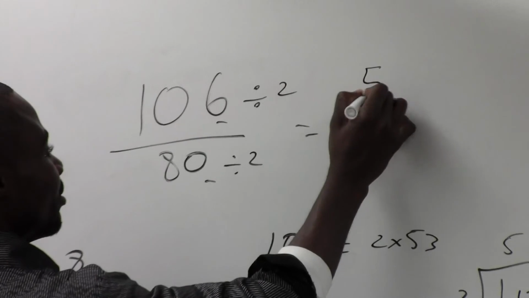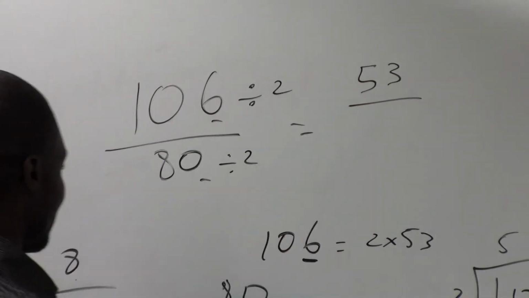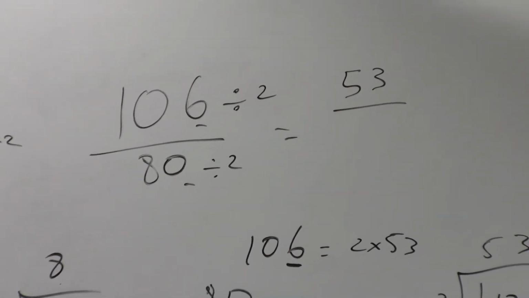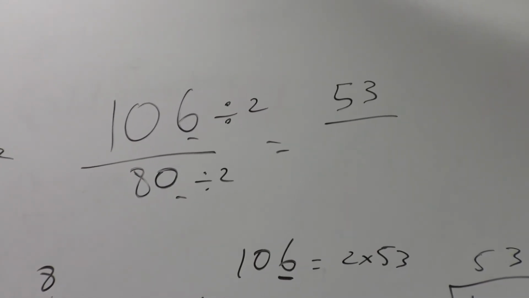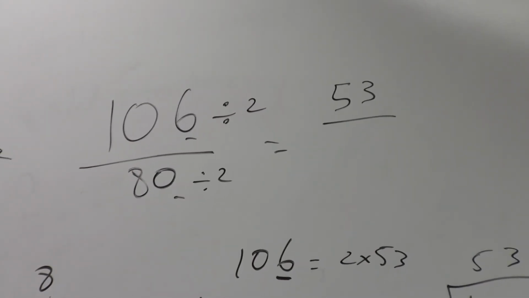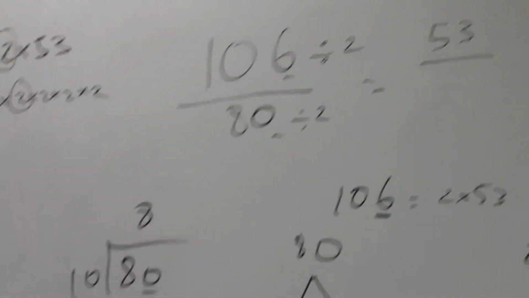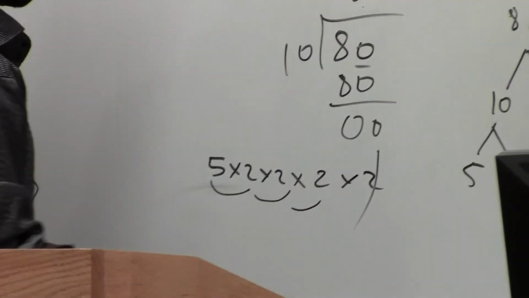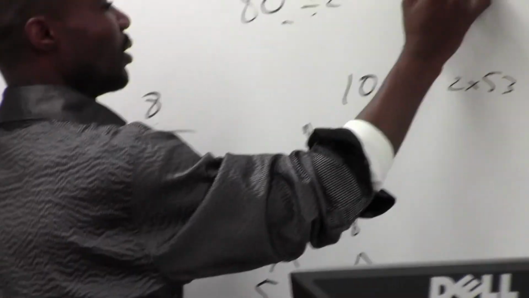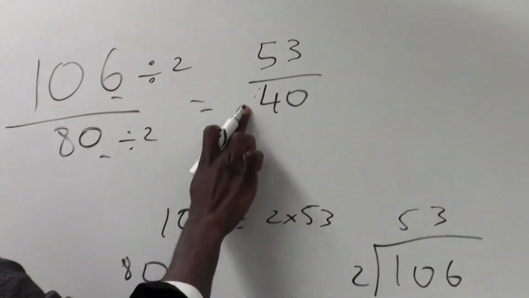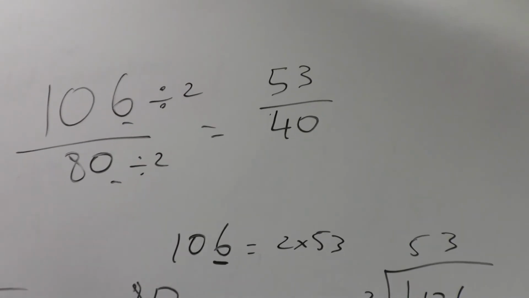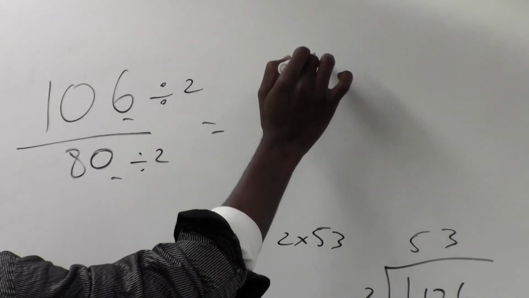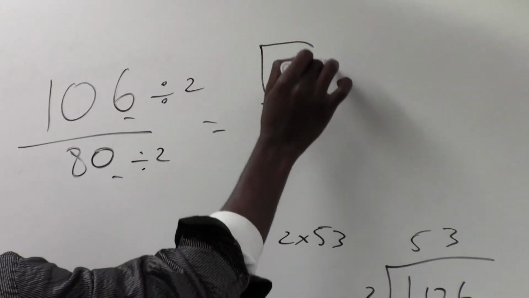The top gives me 53. The bottom, if I take one 2 out, this is 10, times 2 is 20, times 2 is 40. So the value is 40. And that's how far we can go, because 53 is a prime number again.